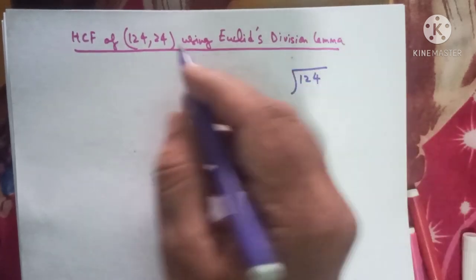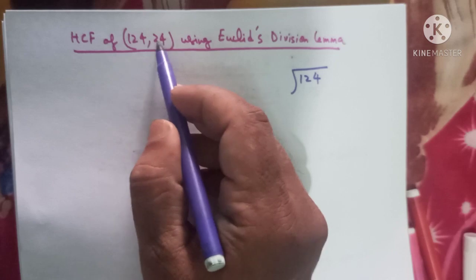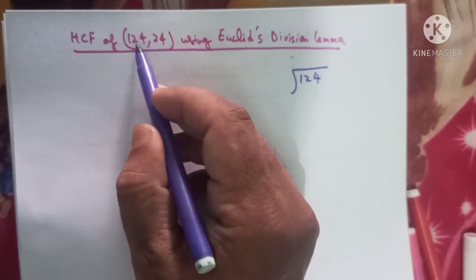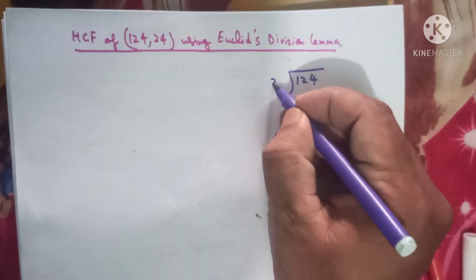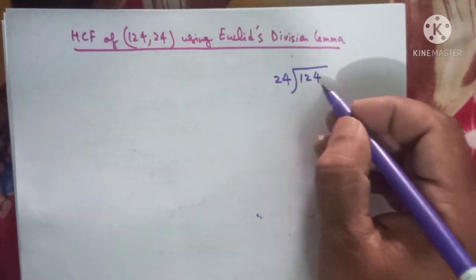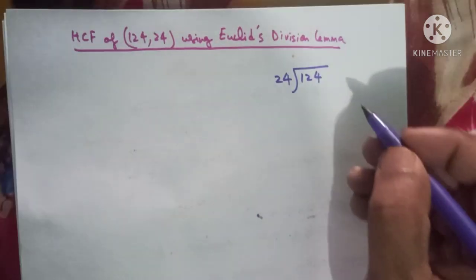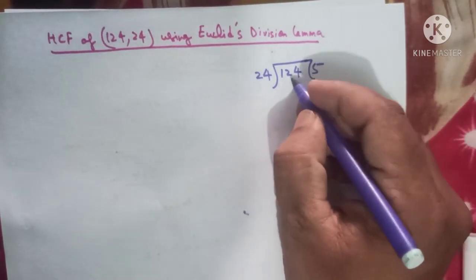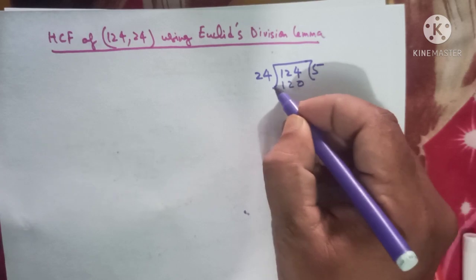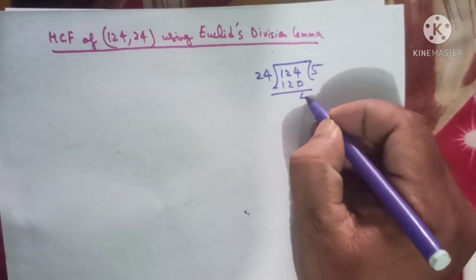So since we will take 124 and 24, the bigger value will become the dividend and the smaller value will become the divisor. So divisor will be 24 and 124 will be the dividend. 24 times 5 is equal to 120. Subtracting, you will get the remainder as 4.